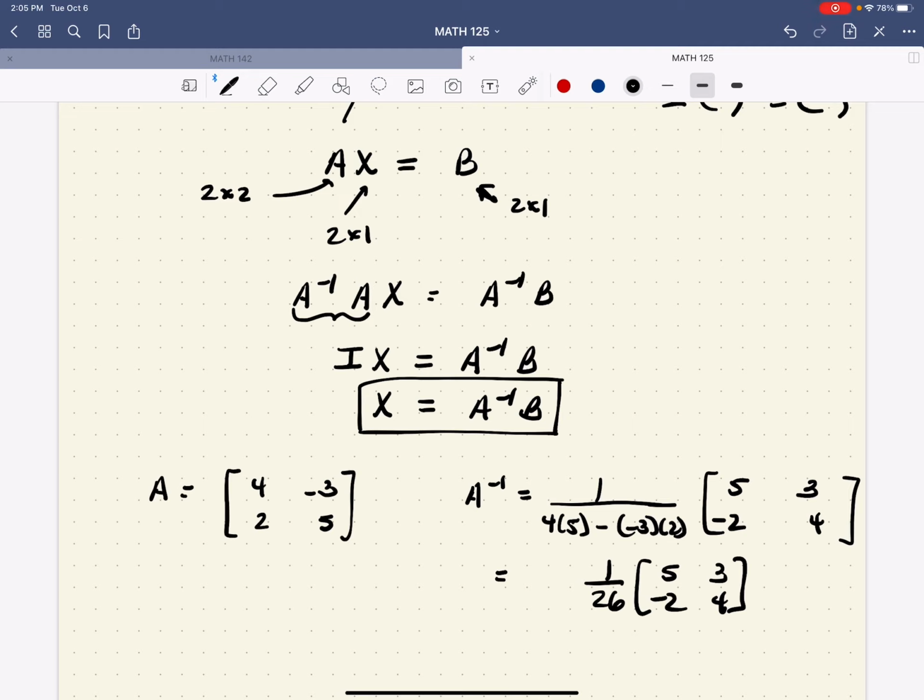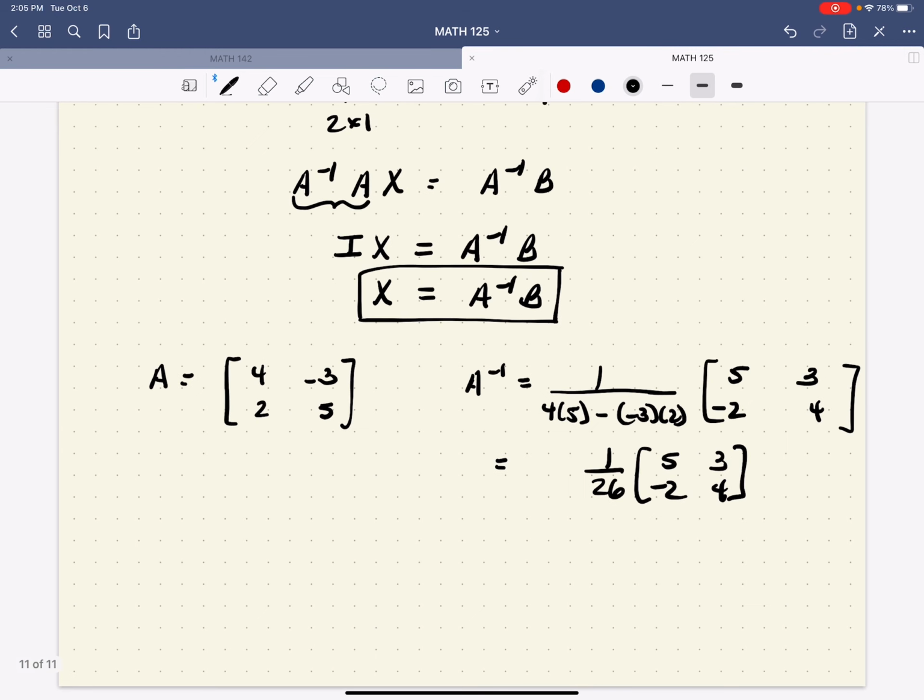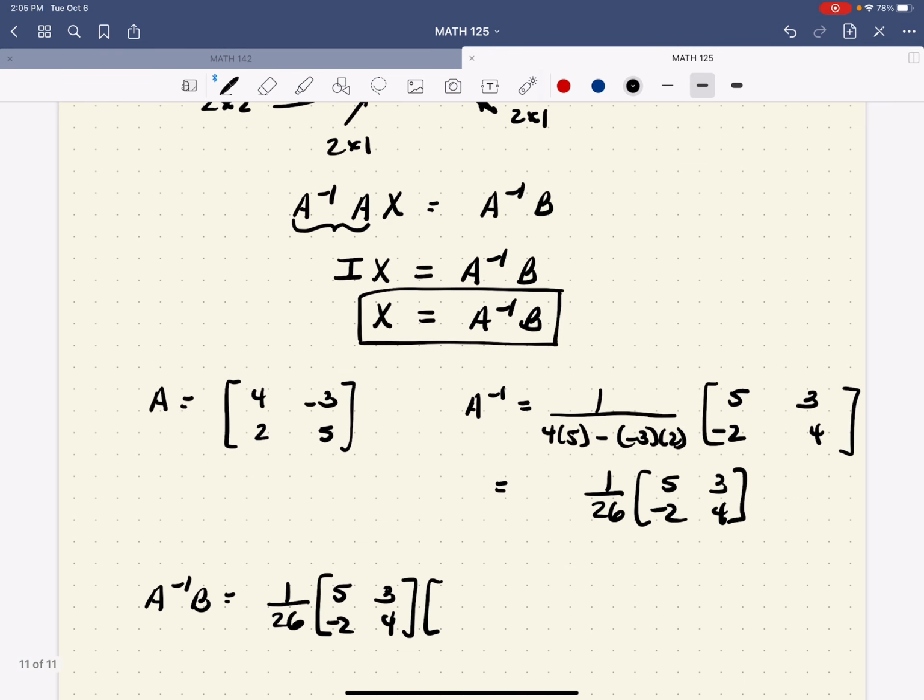Now, ordinarily I would multiply the 1 over 26 through, but I'm not going to do that because I'm going to be multiplying this by another matrix, and not having fractions everywhere might make it a little simpler. So A inverse B is 1 over 26 times [5, 3; -2, 4], and B on the other side was [2; 40].